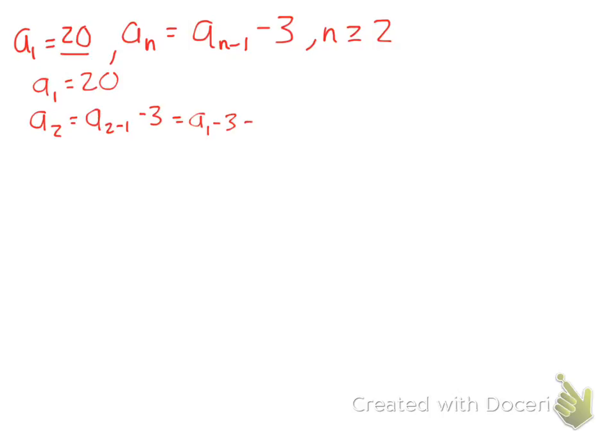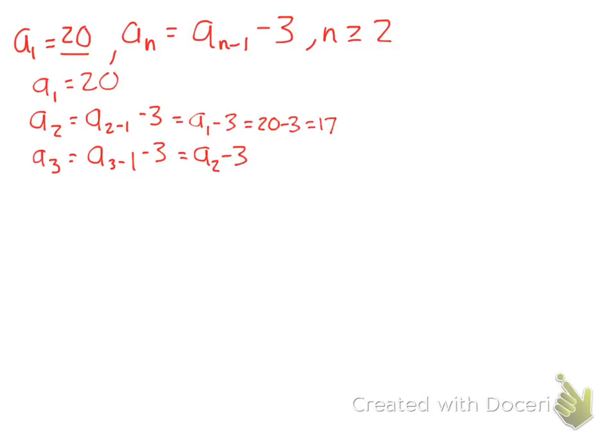And wait a minute, we know what A1 is. What's A1? 20 minus 3, which is 17. What's A2? 17. Second term. Now, I go to A3. A3 would be A3 minus 1 minus 3, right? And what's 3 minus 1?